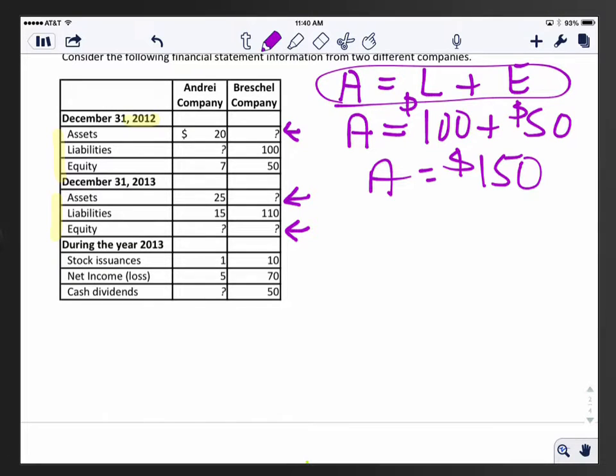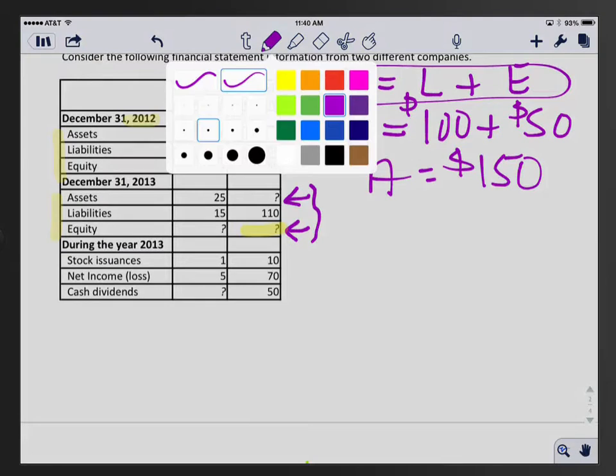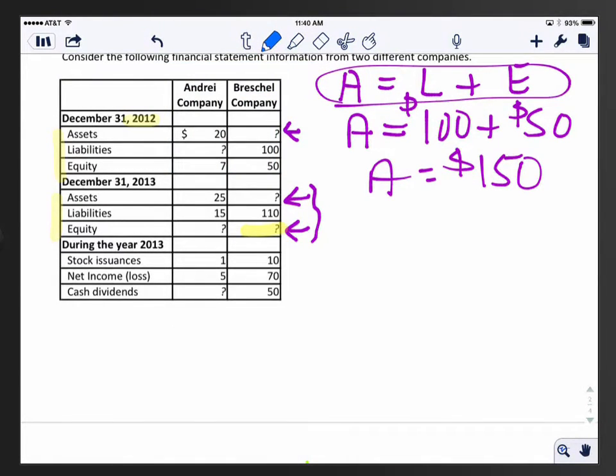So then we get to the next part and we say, oh yeah, we've got the accounting equation, but it's got two unknowns. We can't really solve two unknowns. So we got to figure out which one of those can we figure out first from something else. Well, it's going to be equity. And it's going to be equity because we know that equation for equity. So let's go back to our thinking and write it out again.